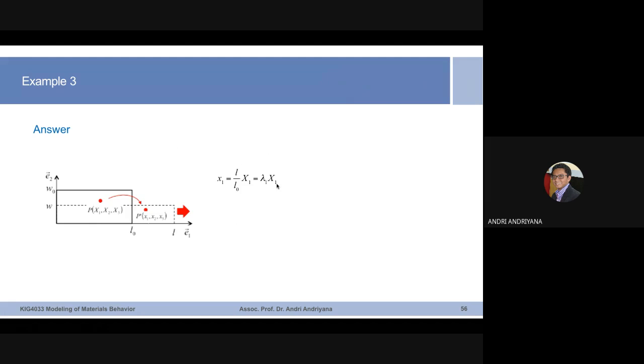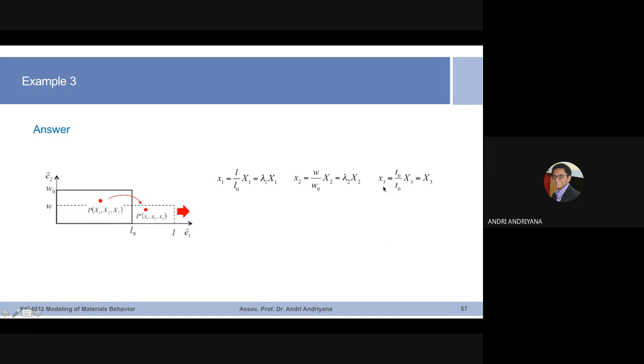Then we do the same thing for small x2 and small x3. This is what we get. In a similar way, small x2 equals W over W0 times X2. And then we define this W over W0 as lambda 2. Again, small x2 depends only on large X2. It does not depend on large X1, large X3.